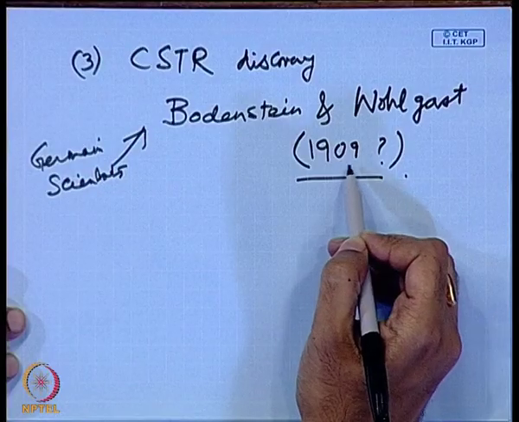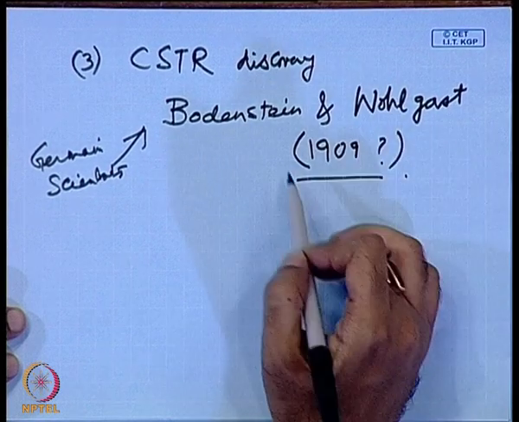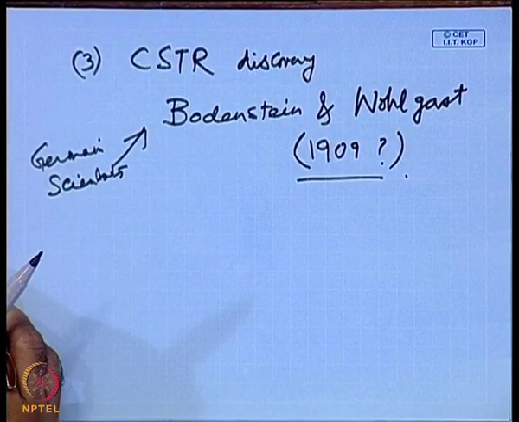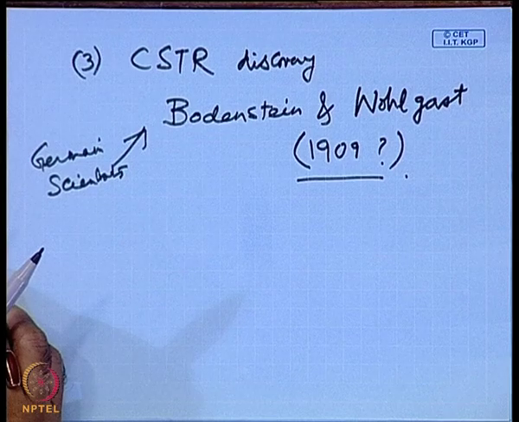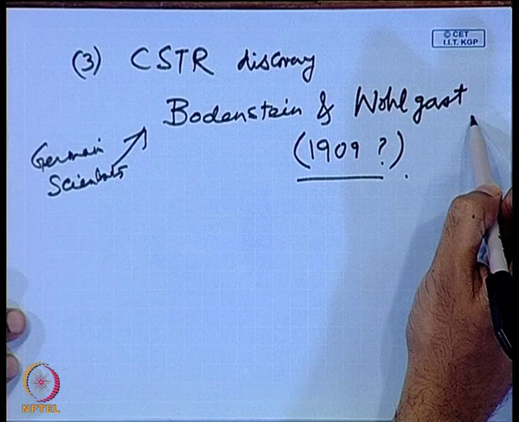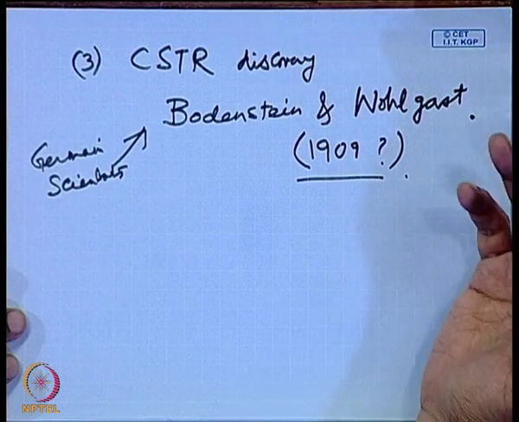Now, what happened was that this discovery of Bodenstein and Wolgast didn't come out to the Western world, all right. It didn't come out to the English speaking world. The reason being, this paper was published in German, and it was not translated at that point of time, and people didn't get to know about this.